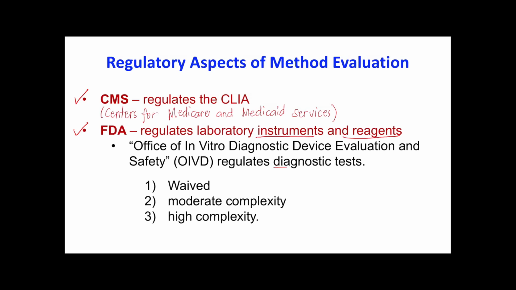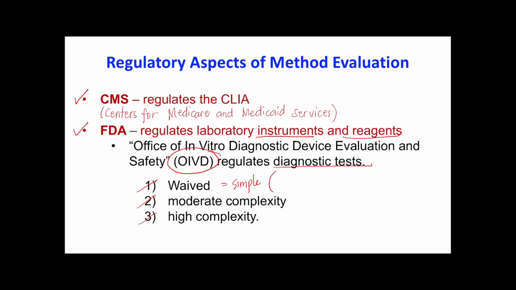For diagnostic tests, specifically, we have the OIVD, and we have three types of diagnostic tests. For the waived test, these are cleared by the FDA to be simple. That means they are most likely accurate and would pose negligible risk or harm to the patient if not performed correctly.